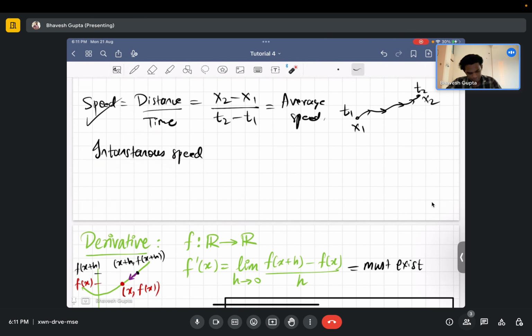For example, if I'm interested to know what my speed is at this exact particular point through my journey, let's say the time was some t prime. So I'm interested in the speed at that particular time. So how do we calculate this?